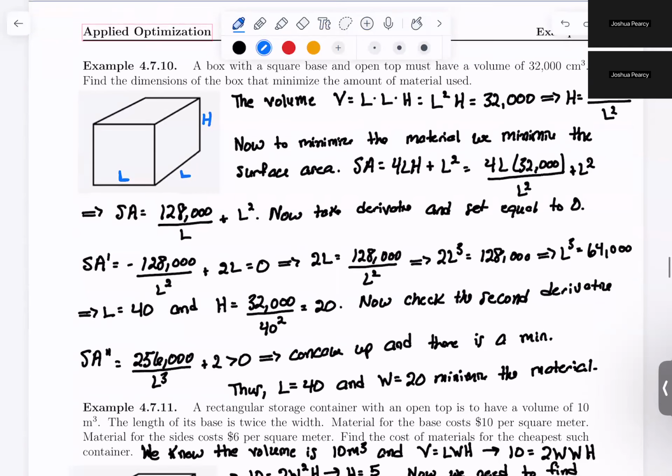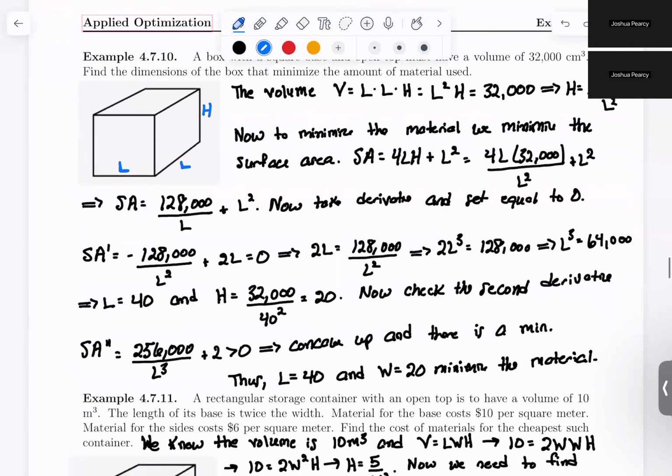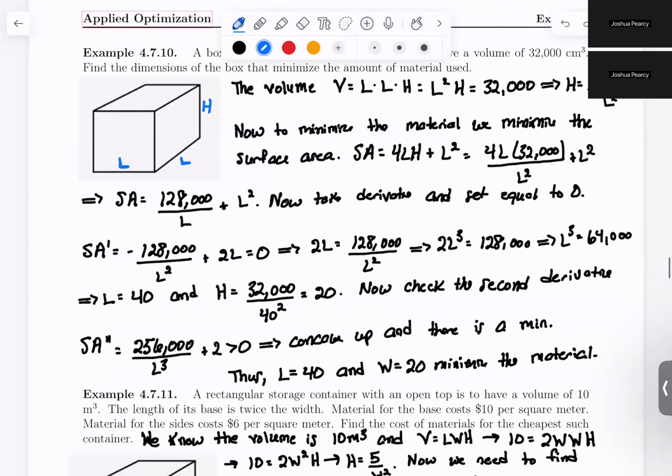That equals L squared H. But we know that the volume is already 32,000 cubic centimeters. It was given. So solving for H, I get that H is 32,000 divided by L squared. So now we have H in terms of L.